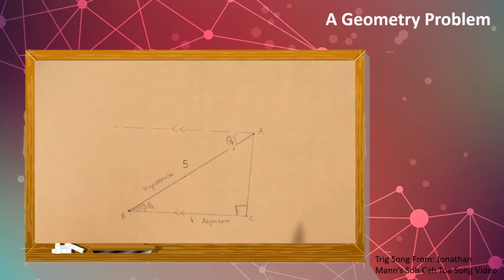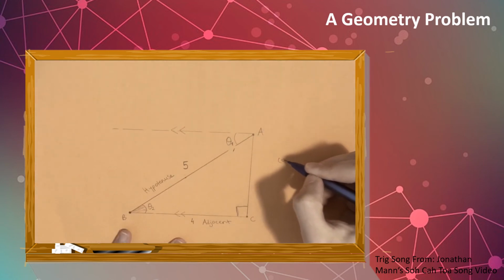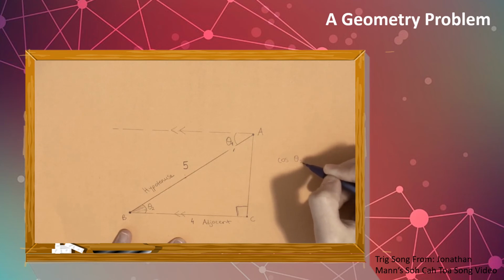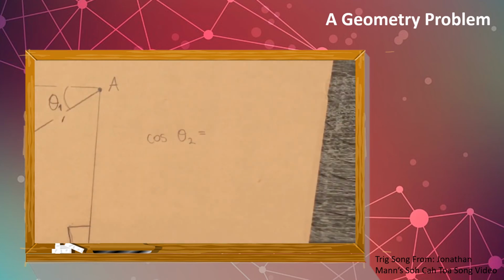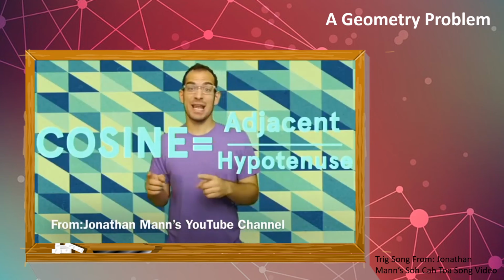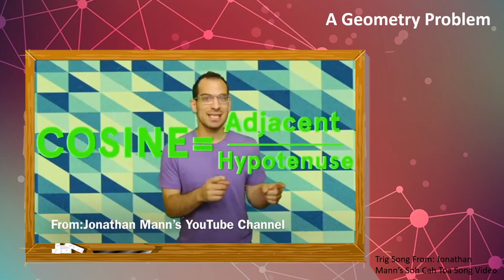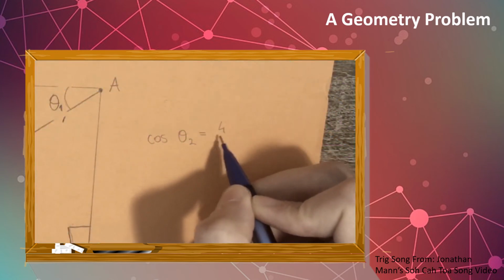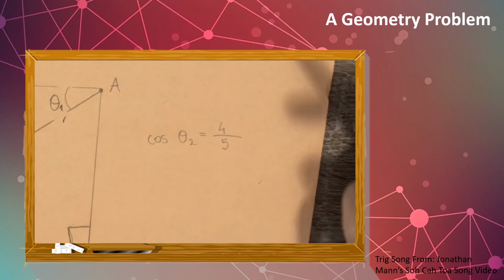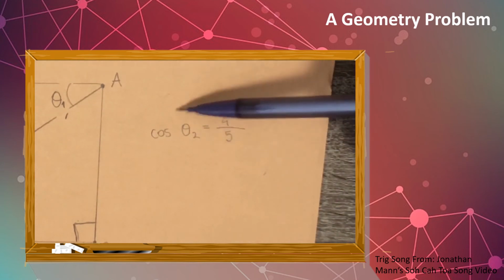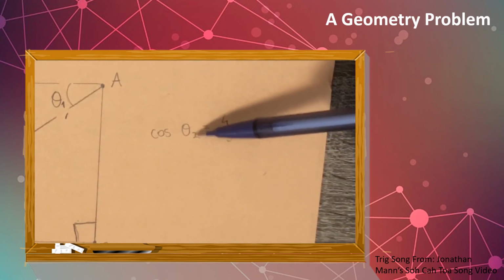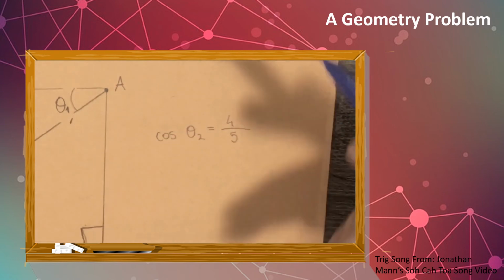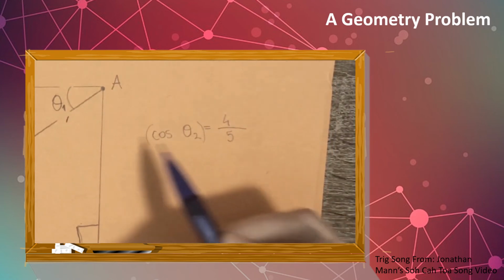We're going to be using the cosine of this angle because cosine of theta 2 uses the adjacent and the hypotenuse. Cosine is adjacent over hypotenuse, which equals 4/5. But we need to leave theta 2 by itself on this side. So we're going to take the inverse cosine of both sides.